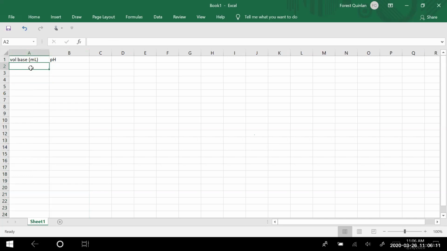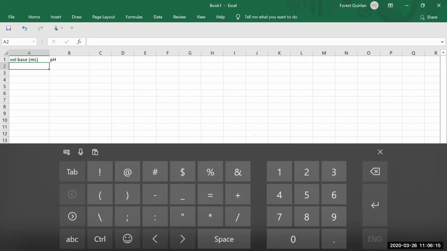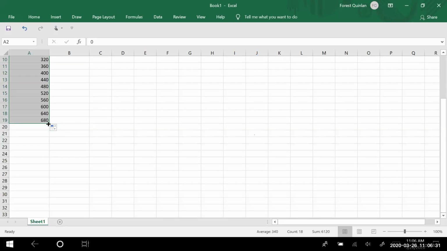All right, volume of base. This is going to go with 0, 40, 80. And we're going to go ahead and drag that down until we get to 1200.